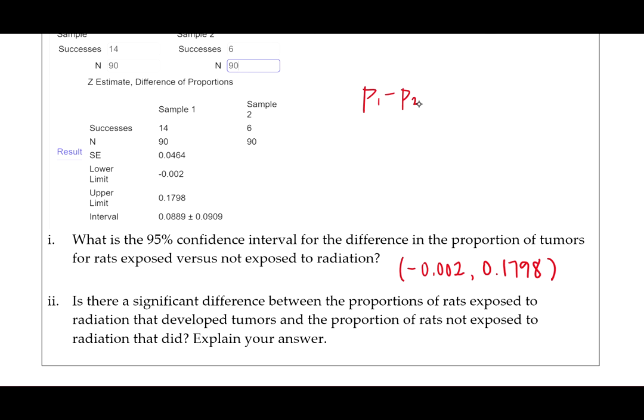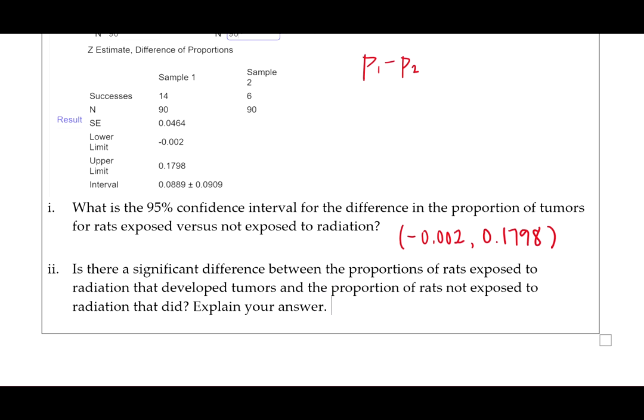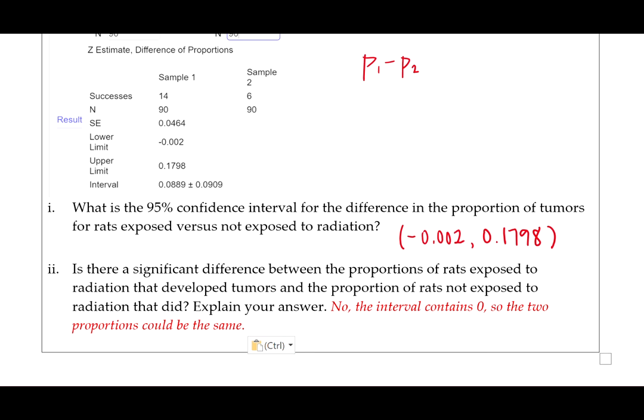So our likely values for the difference between proportions goes from negative 0.002 up to positive 0.1798. Since 0 is contained in that interval, remember that it will always be the case that 0 is in the interval if the interval starts out negative and ends up positive, then we would say that there is not a significant difference. So in other words, no, the interval contains 0, so the two proportions could be the same.